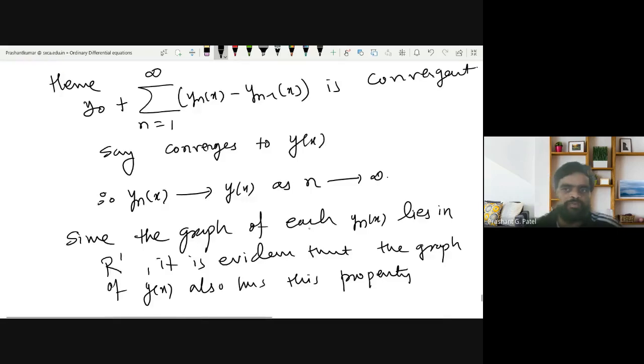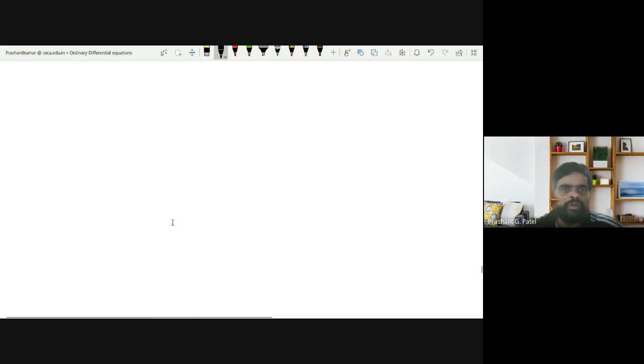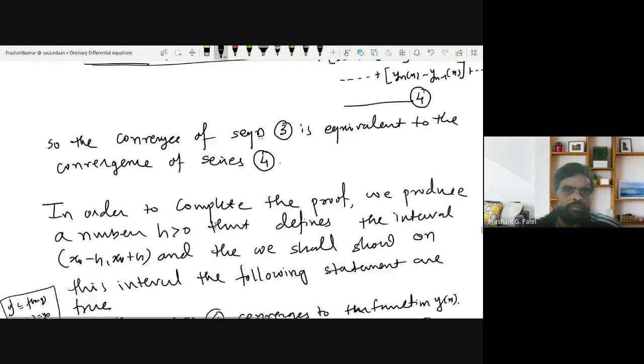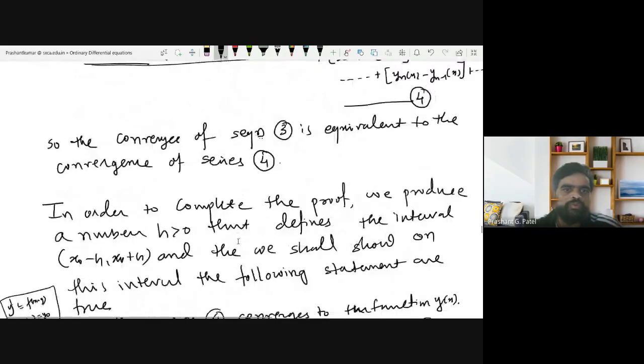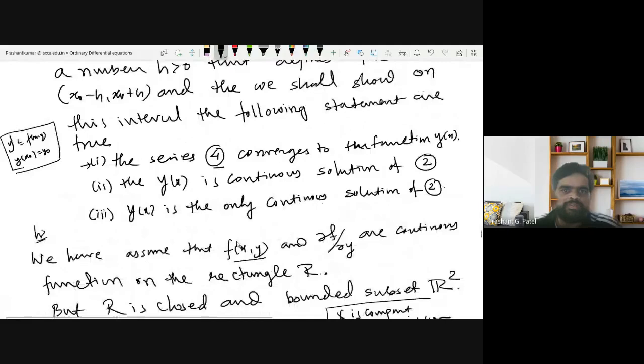The first statement was that we have to prove that this sequence yn is convergent. That is our first objective, to prove that the series converges to the function y. Now the second statement, y is continuous.